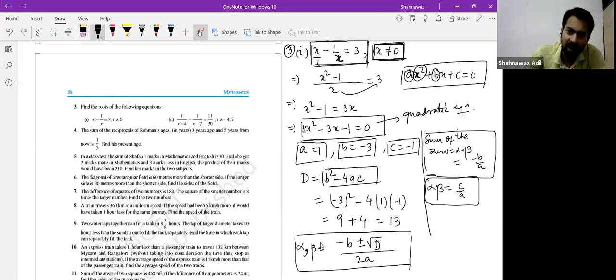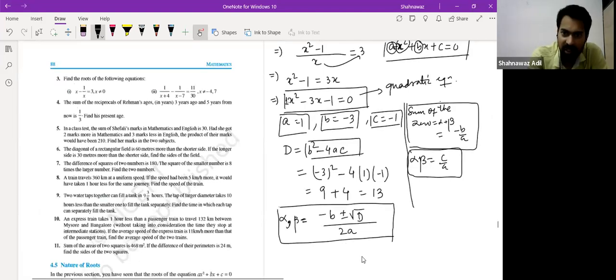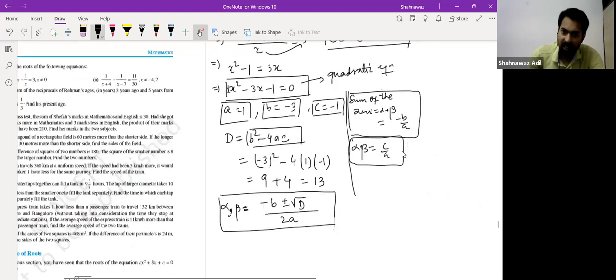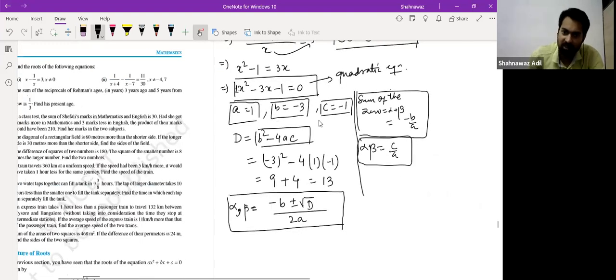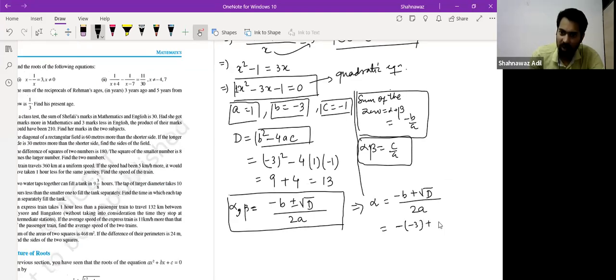Now let us put all the values. B is minus 3. So let us first calculate alpha. Alpha is minus b plus root d by 2a. So alpha is minus of minus 3, plus root of 13 by 2 into 1.